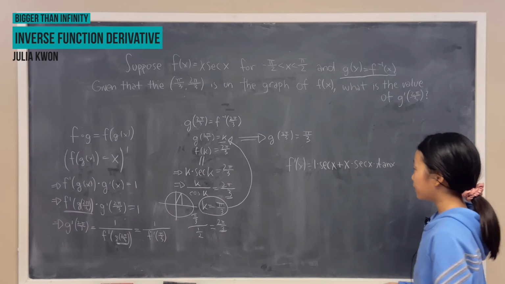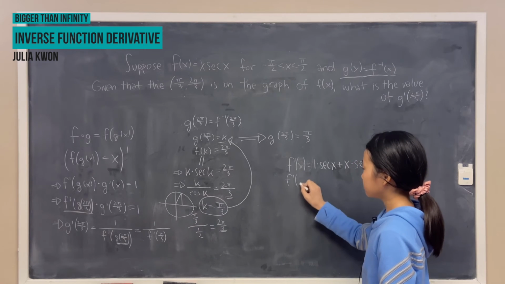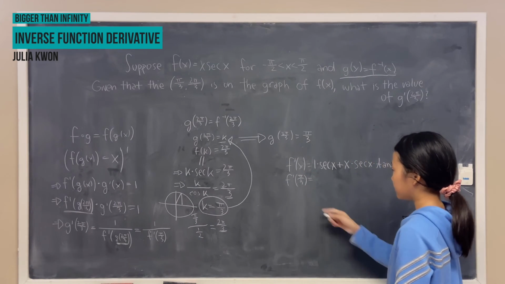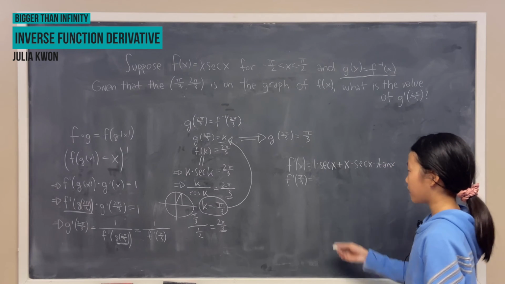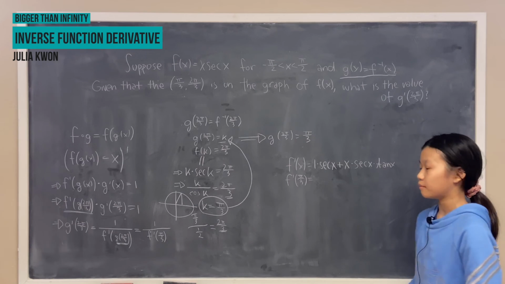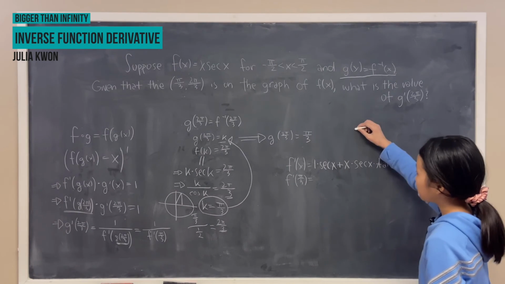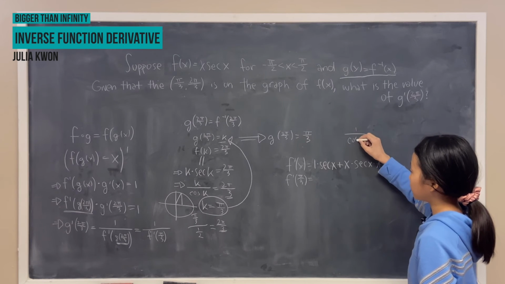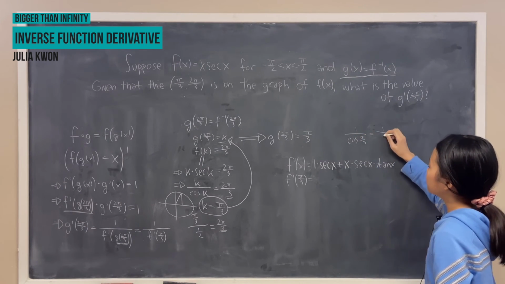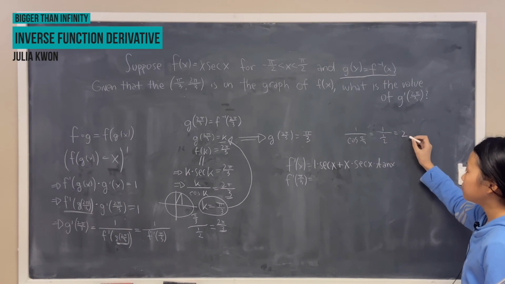And then if we put in x equals pi over 3, secant pi over 3 is 1 over cosine pi over 3. Cosine pi over 3 is equal to 1/2, and this simplifies to 2.